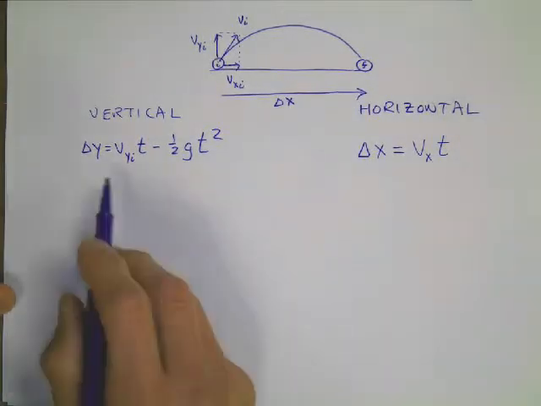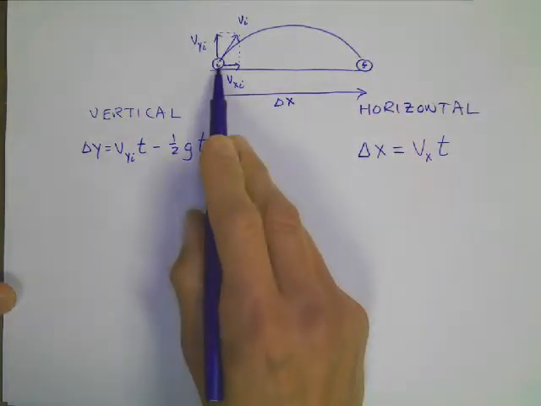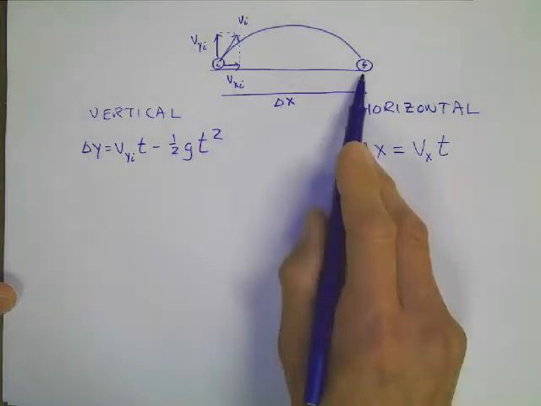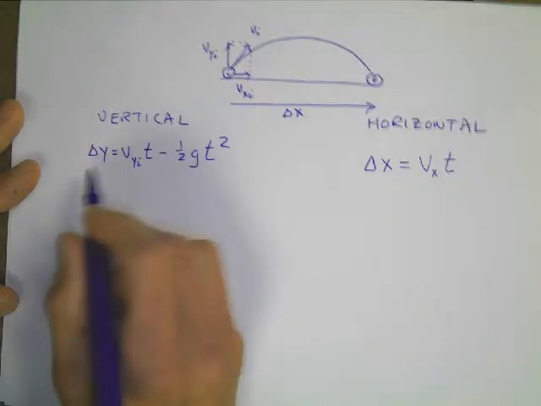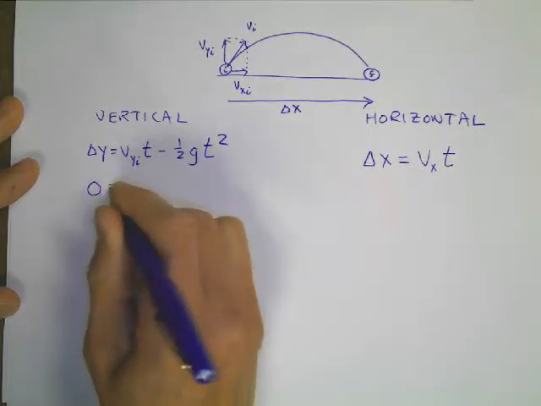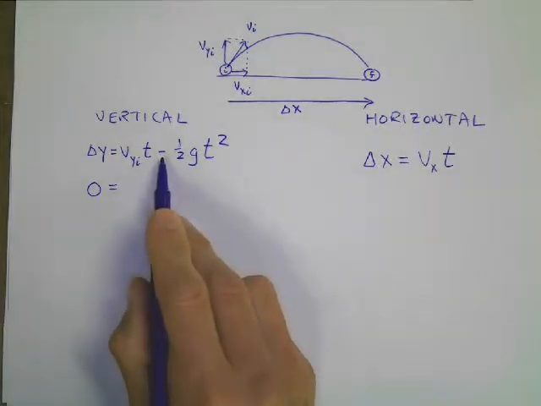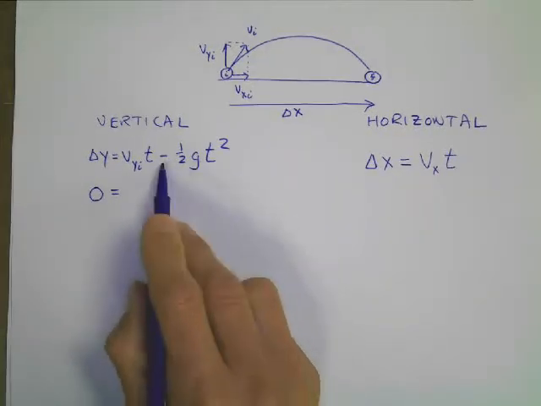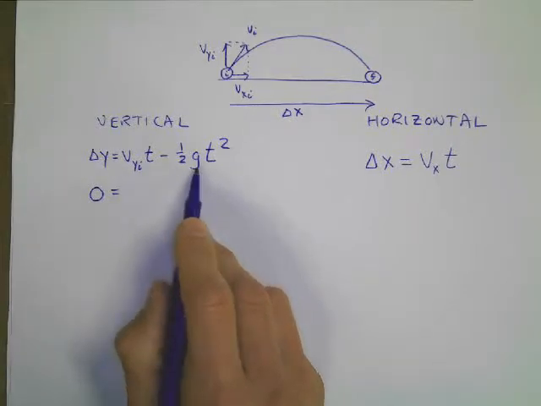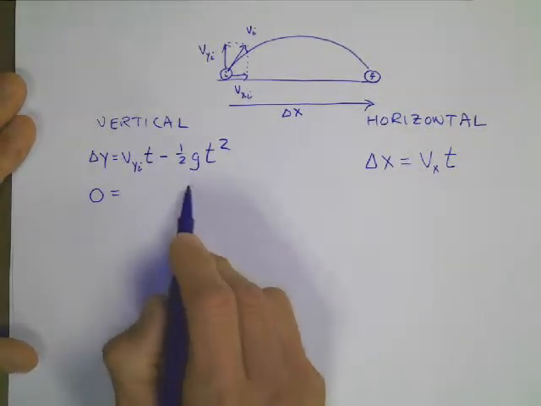And that's a great equation to use because going from this initial position to this final position is really a vertical displacement of 0, because it's coming back to where it started. I'm also going to point out that I'm taking the negative sign out of g when I write the formula. So when I substitute g in, it will come in as a positive number. So let's write this out.